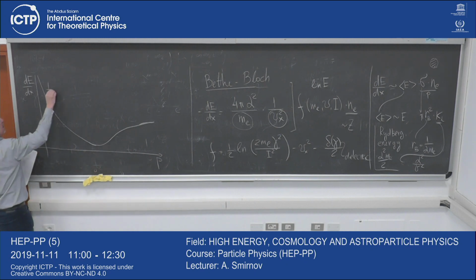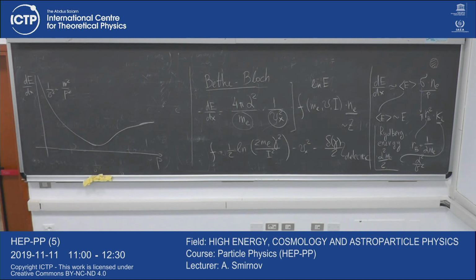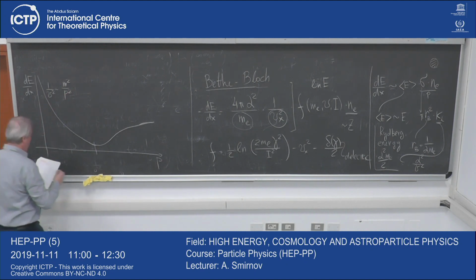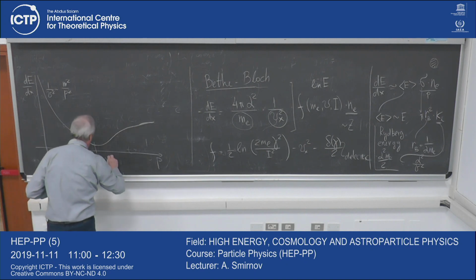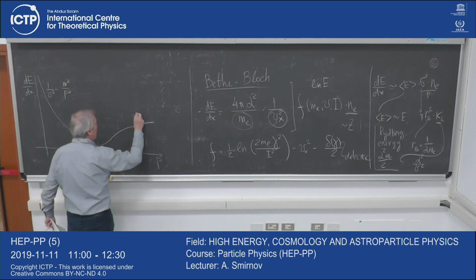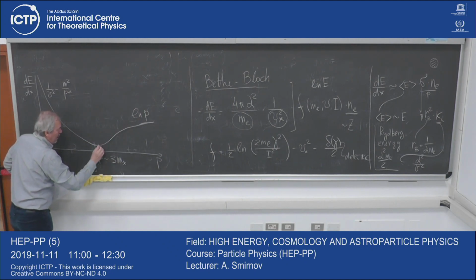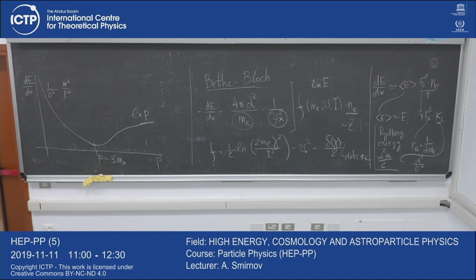Here is this 1 over velocity squared, which is p squared over mass squared, right? So it's inversely proportional to p squared in this range. The minimum is approximately at a momentum of 3 masses of the particle x, and then we have logarithmic growth here. So this logarithmic growth becomes dominating.